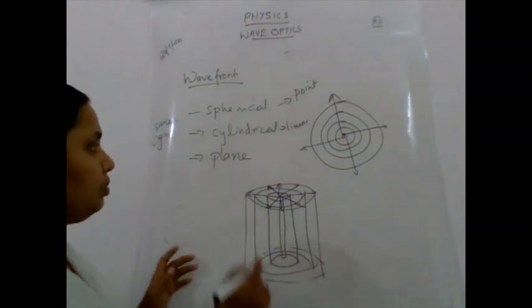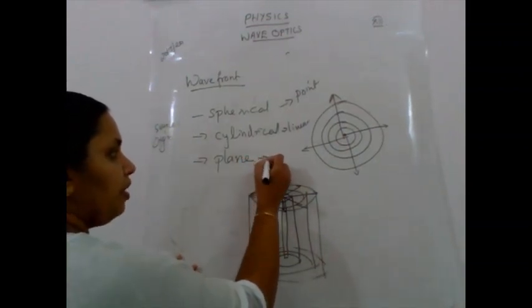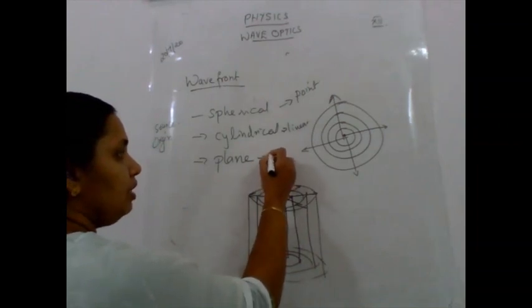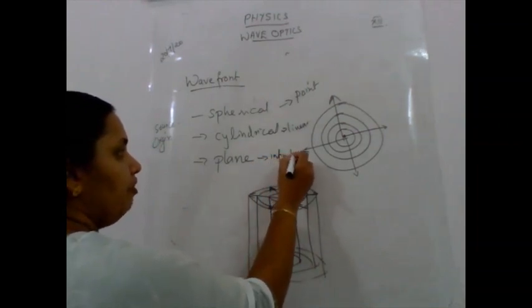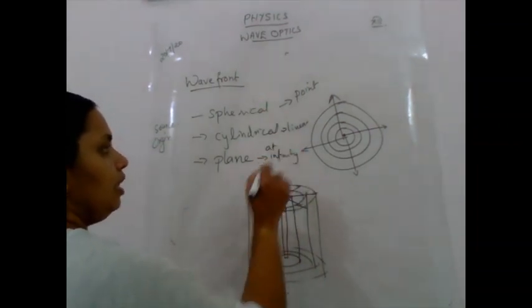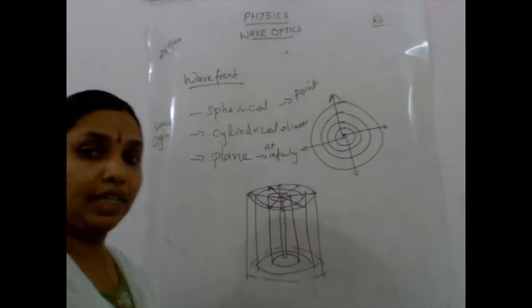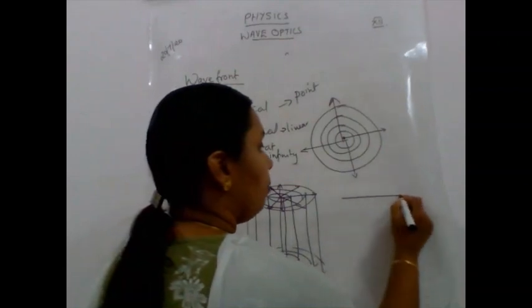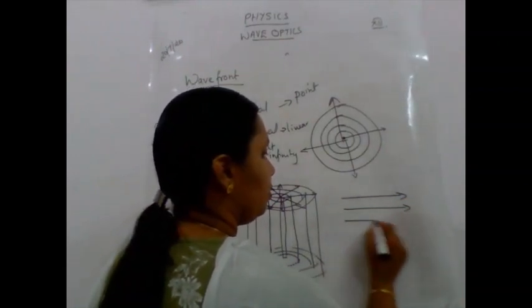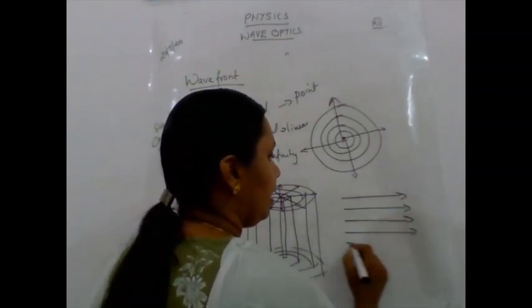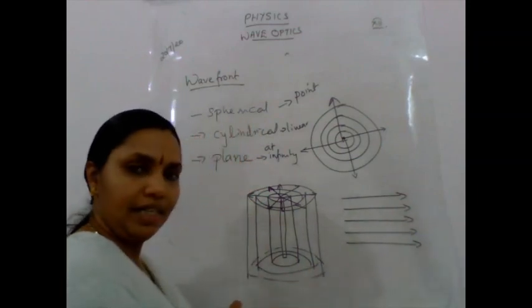Then the last one is plane. We get a plane wavefront if the source is at infinity. If the source is at infinity, we know that the rays are considered as parallel rays, isn't it? We studied that.